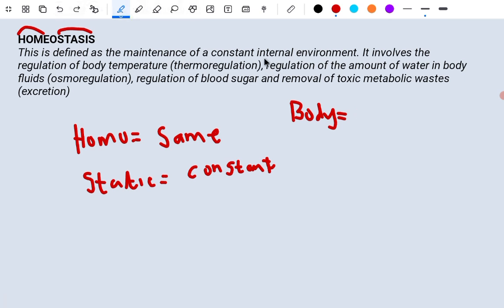The inside of the body is called the internal environment, and we're going to see where we're going with this. So homeostasis, simply same or constant, is defined as the maintenance of a constant internal environment, maintaining the environment inside the body constant.